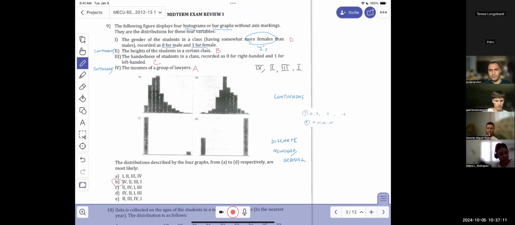Sometimes it's just process of elimination: the obvious ones, and then the ones that you don't know so well will just fall out, or they'll present themselves. You have to decide. Like in this one, I anchored myself with the fact that the income of a group of lawyers is slightly right skewed.